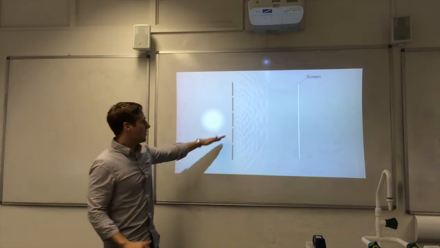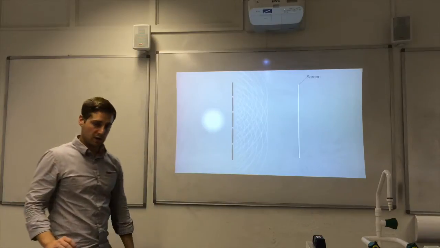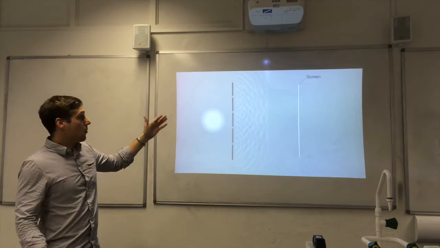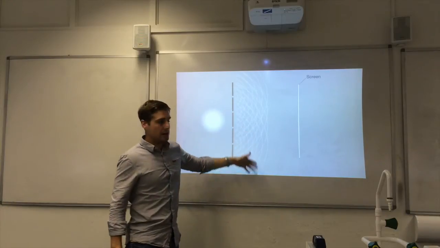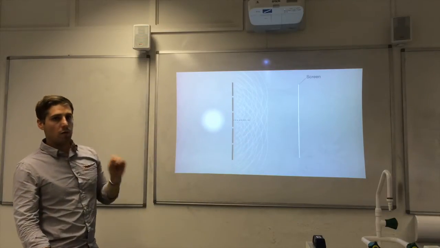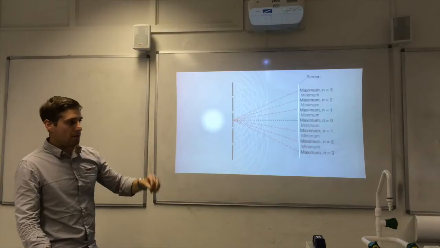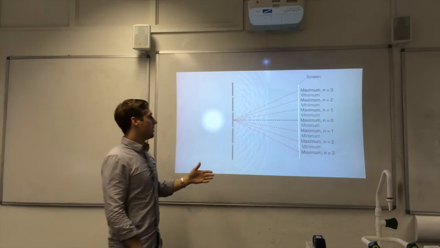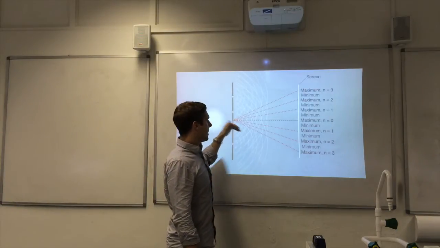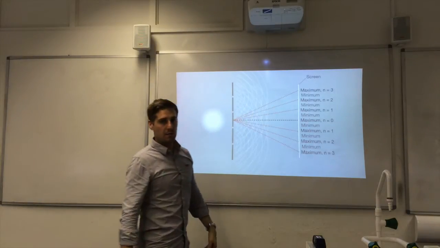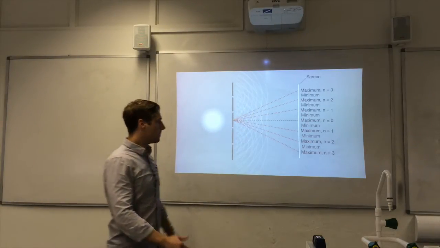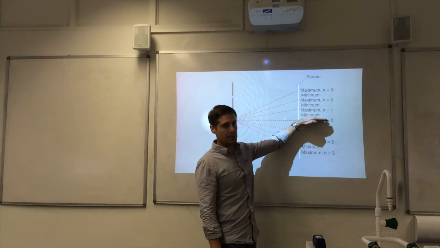So here we've got a much more complicated arrangement of wavefronts, so multiple sources here. You then look for where you get wavefront plus wavefront plus wavefront, giving you a maximum, and where you have a minimum as well. So you get a pattern of maxima and minima. There's your central maximum.